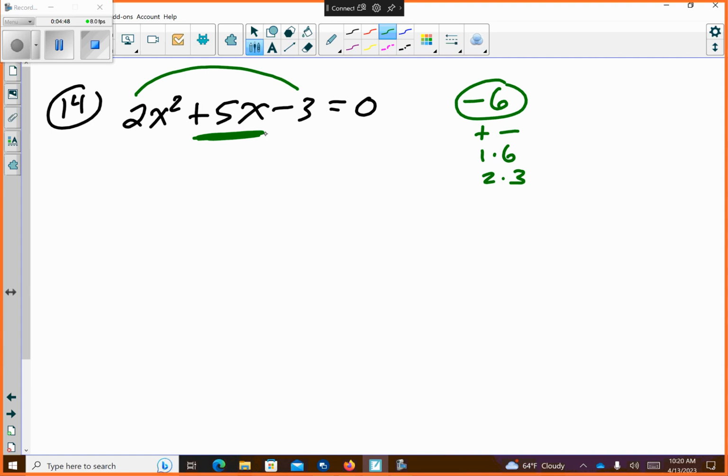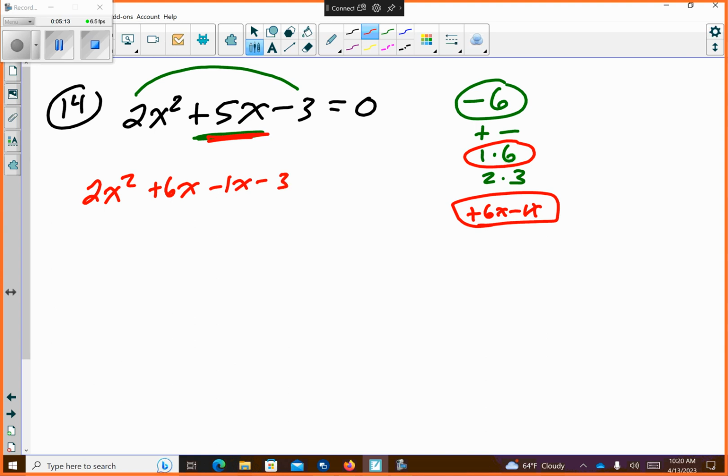What do you think? One has to be positive, one has to be negative, though. Yeah. So this is going to work. If I have positive 6x minus 1x, if I take this and I replace it here, it's going to factor. Okay, and again, this might be a faster way to do it.